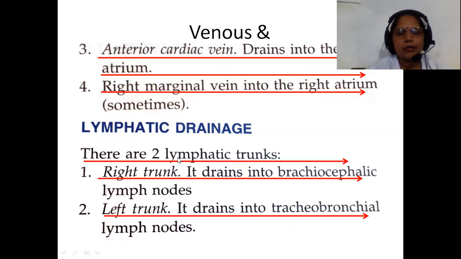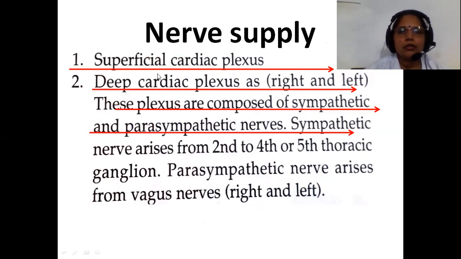Lymphatic drainage, it is having two lymphatic trunks, right trunk and the left trunk. Right trunk, it drains into the brachiocephalic lymph nodes, and left trunk, it drains into the tracheobronchial lymph nodes. Then what is the nerve supply of the heart?